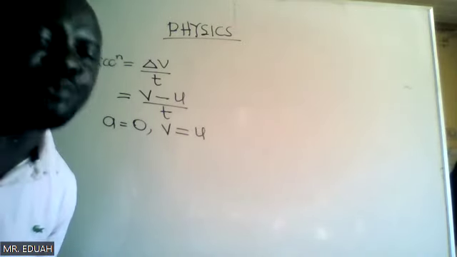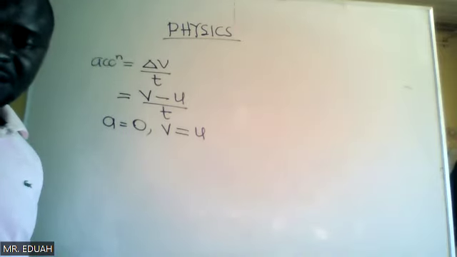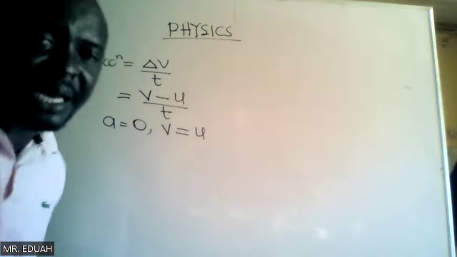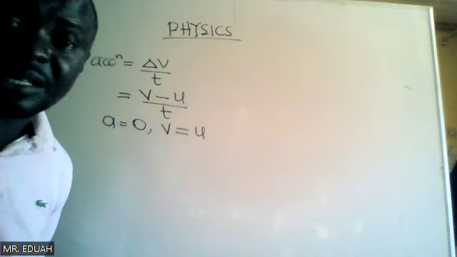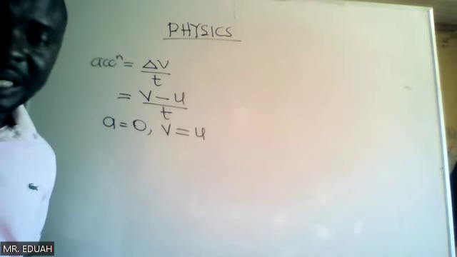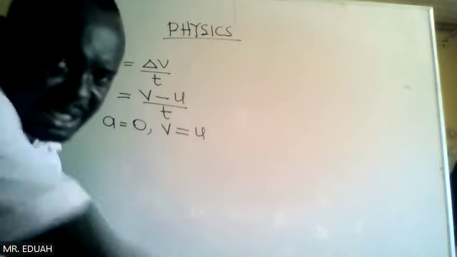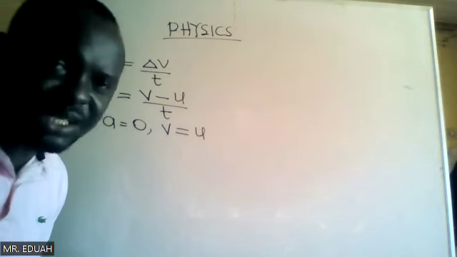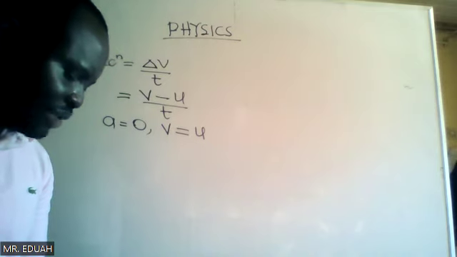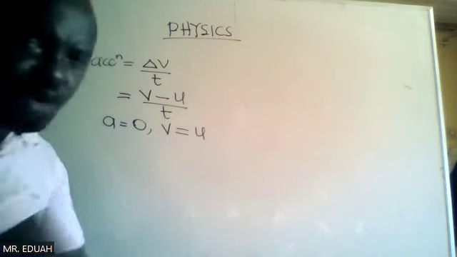Class, does that imply that the body is at rest if V is equal to U? No. It means the body is in motion, but its velocity is not changing.